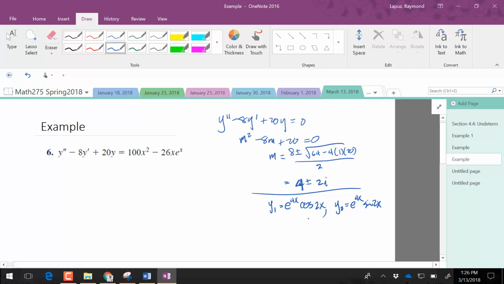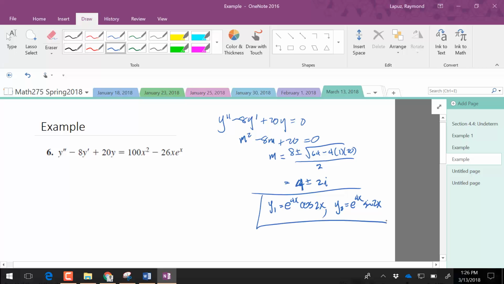If you haven't noticed, math is foundational and it builds on your previous knowledge, so you have to be able to solve homogeneous differential equations to be able to solve non-homogeneous ones. If you're having an issue about where we got this solution, you should go back and take a look at the homogeneous differential equations and make sure you got that down.